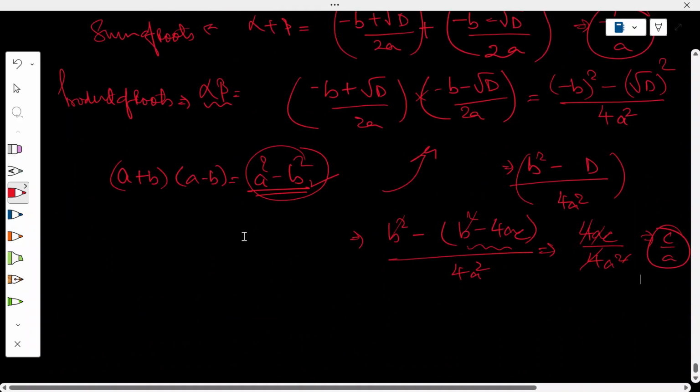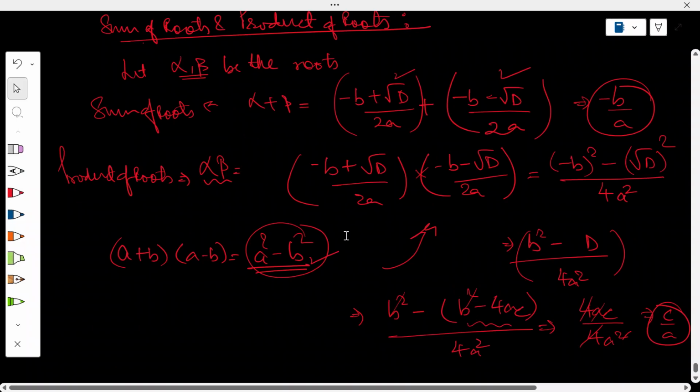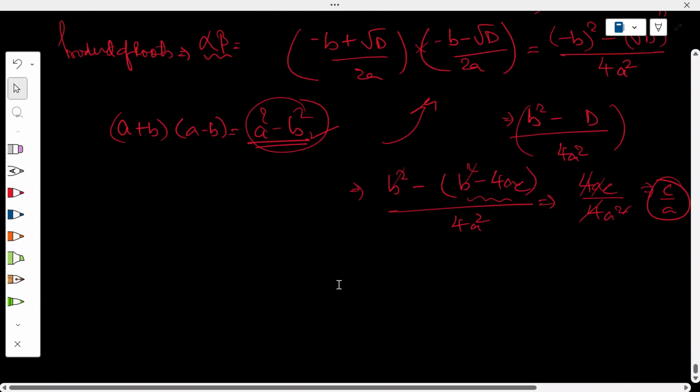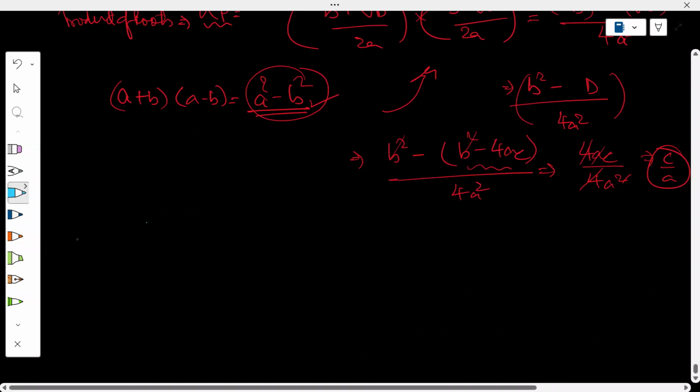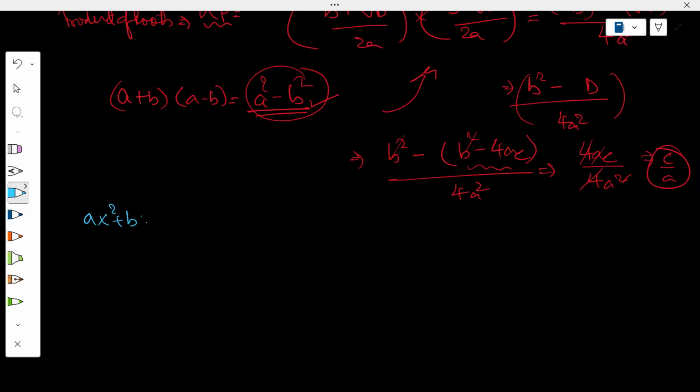So the sum of the roots is minus b by a, and the product of the roots is c by a. If the equation is ax square plus bx plus c equals 0, then the sum of the roots, which we can denote by sigma, is minus b by a.